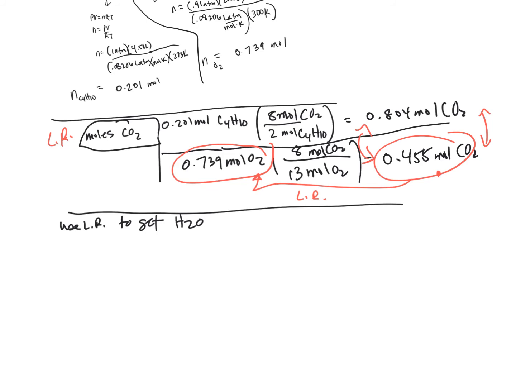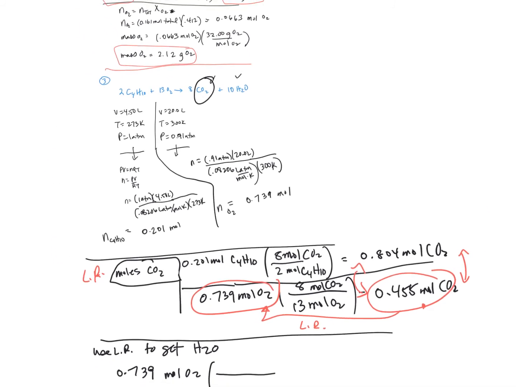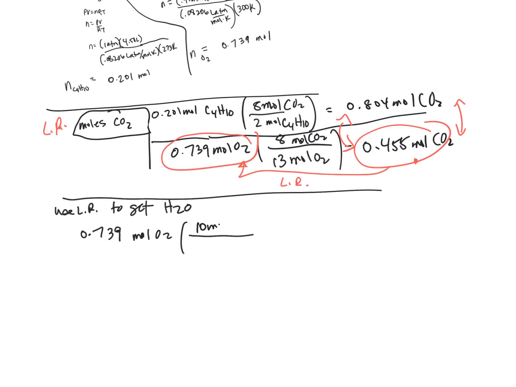So 0.739 moles of O2. And you want to look at the ratio of water to O2. And so it's 10 moles of water for every 13 moles of O2. All right, and then that works out to be 0.568.